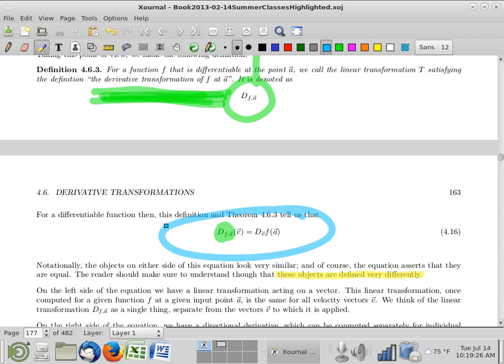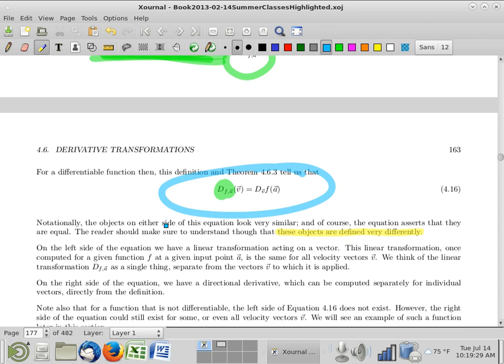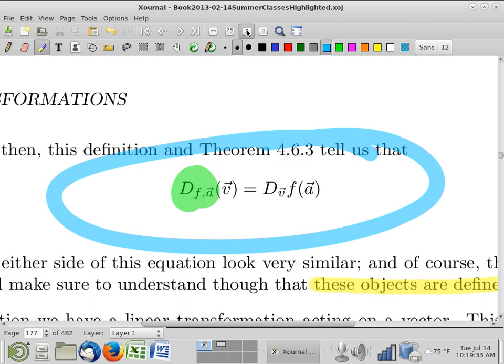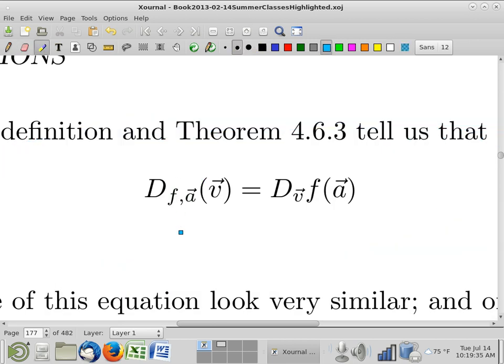I mean, just from a notational standpoint, and this is a silly observation, but let me zoom in here. You look at this equation, and you observe that there's a D, an F, an A, and a V on both sides of the equation. Right? It kind of just looks like you're shuffling notation around. Now, importantly, that's not what's happening.